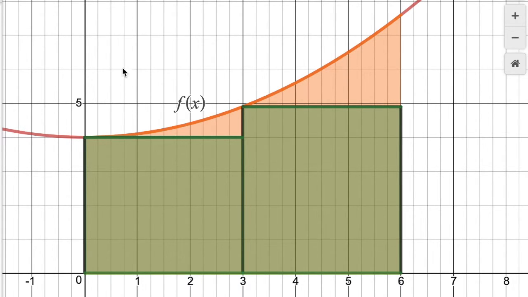The 2 should be down here as a subscript, though I couldn't make Desmos do the subscript in its labeling. This is an L2 estimation, and the reason it's L2 is because, one, I have 2 rectangles, so that's the 2. And L means I'm going to use the left-hand side of my rectangle as my height.